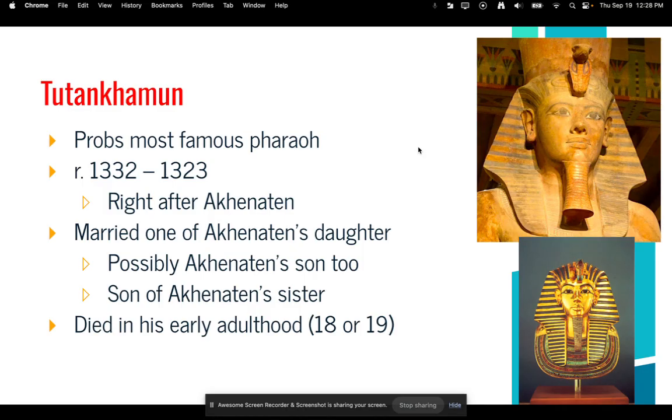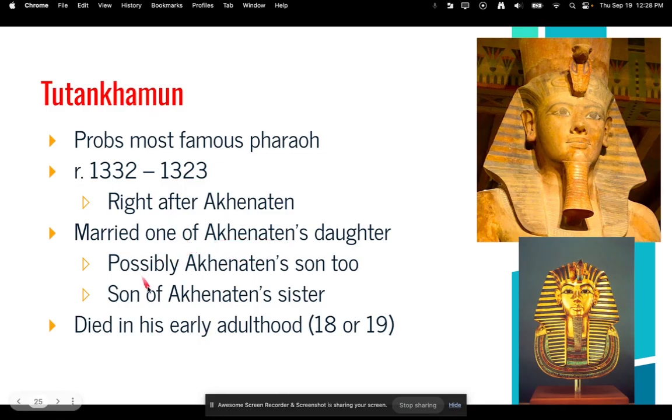The pharaoh that was directly after Akhenaten was Tutankhamun, also known as King Tut. He is probably the most famous pharaoh in modern day, not for what he did during his reign, but for his tomb. He ruled from 1332 until 1323, which was right after Akhenaten. He married one of Akhenaten's daughters.